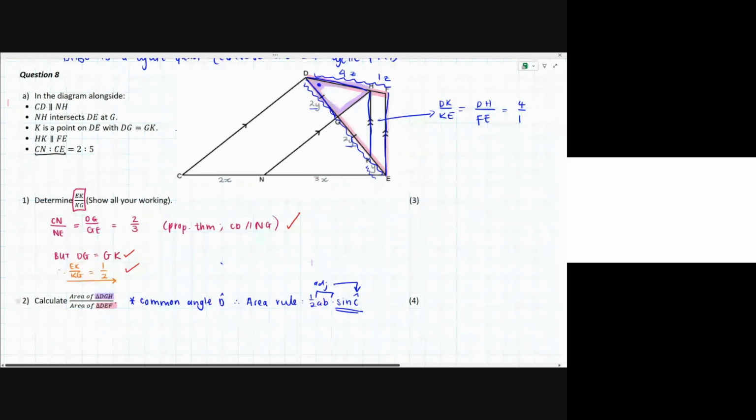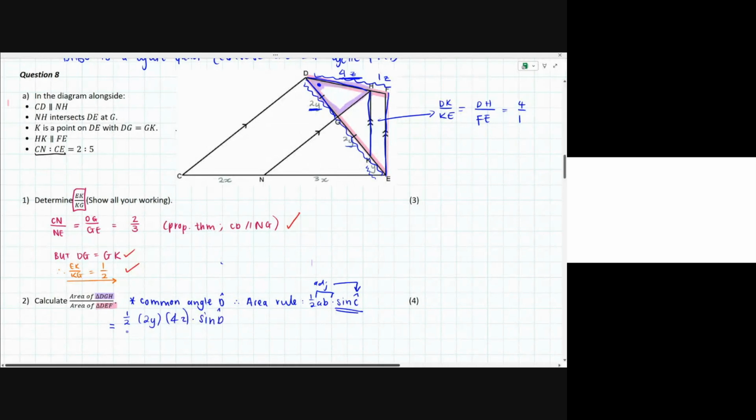So if we do the area of the top triangle, this purple triangle DGH, it would be half times 2y times 4z. And you'll see that the variables will be gotten rid of in a second, times sine of the angle D, all over half.